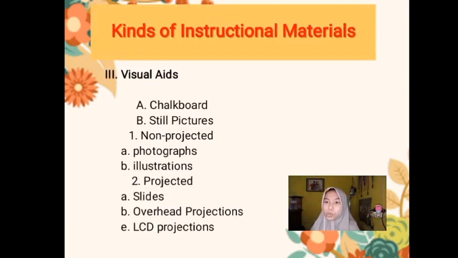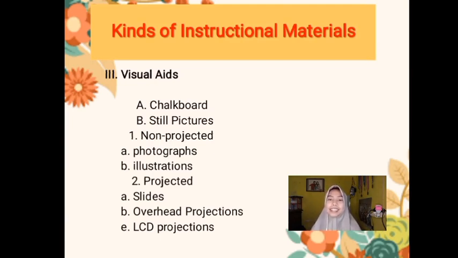Next is visual aids. Visual aids are those instructional devices that are used in the classroom to encourage learning and make it easier and motivating. The examples of visual aids are, first, chalkboard. These materials were often used when we were in elementary school, right?